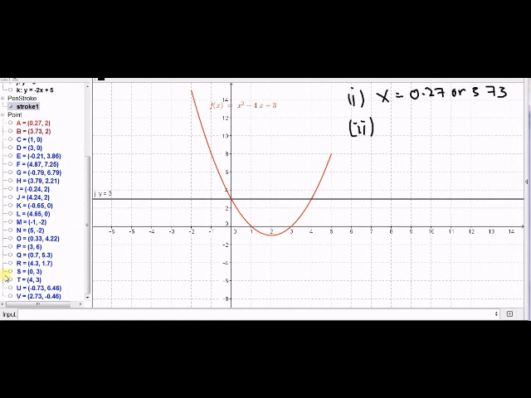And they meet at point S, where the coordinate of x is 0. So the solution is x equals 0. And also they meet one another at point T, and the x of point T is equal to 4. So these are the two solutions for the second equation.